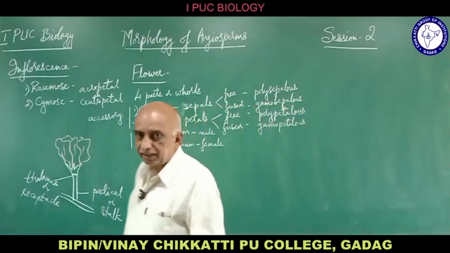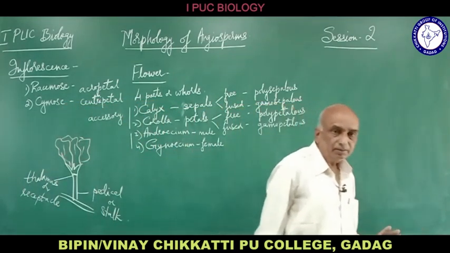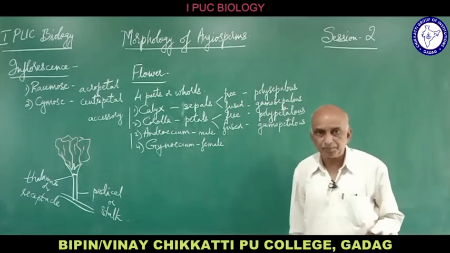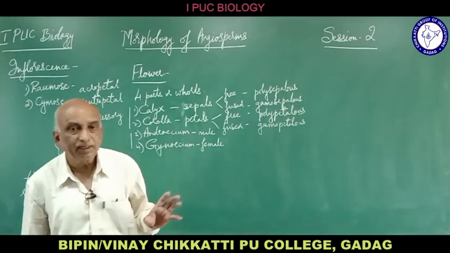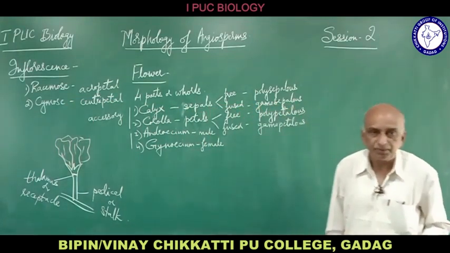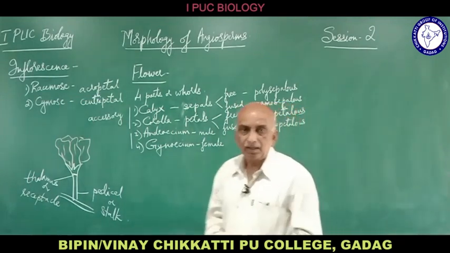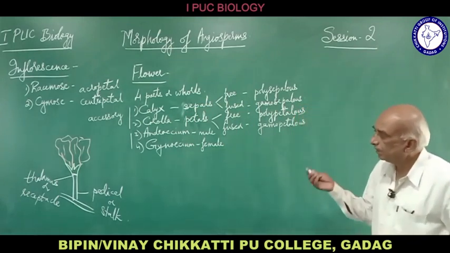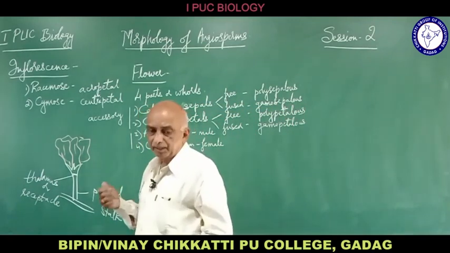As we say in the meaning of flower, it is the reproductive part of the angiosperm plant, means of course there is a sexual reproduction here. So the flower contains male and female reproductive organs. The male reproductive organ is androecium, the female reproductive organ is gynoecium. The calyx and corolla are the accessory whorls or the supporting whorls for the androecium and gynoecium. So these are the four parts of a flower.